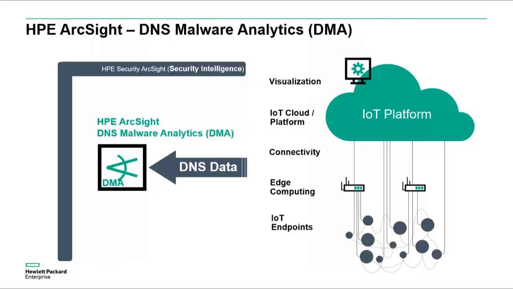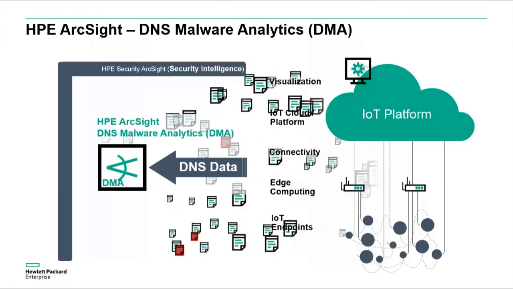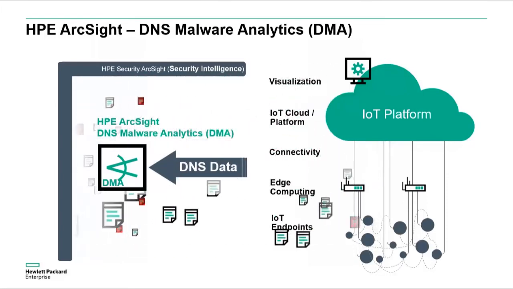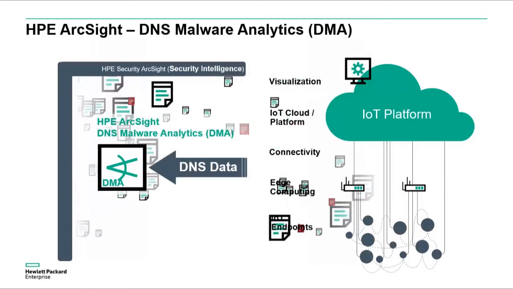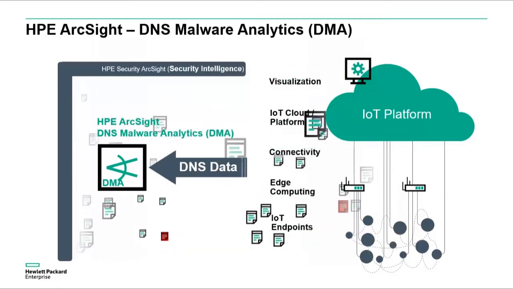The basis for DMA to find malware-infected hosts is the Domain Name System Protocol, DNS, because basically that is the common denominator for any malware. At some point, every malware tries to communicate back to its mothership or command and control server in order to be remote controlled or to receive instructions, and DMA will detect that pattern in the DNS requests.